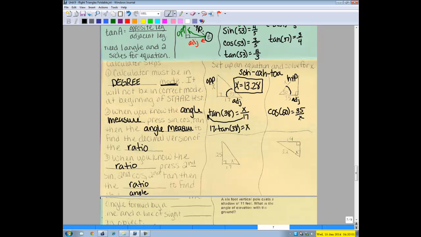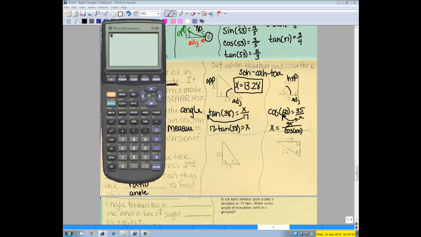When x is in your denominator, you simply flip-flop your x and whatever you have over on the left. So x will be on the left now, and then cosine of 50 will be in your denominator. That's how you solve that problem. Put all that in your calculator, and it will give you your answer. So 35 divided by cosine of 50, and it's 54.45.